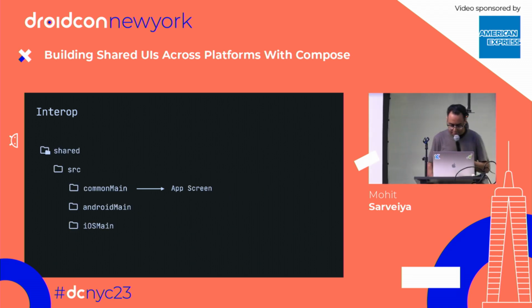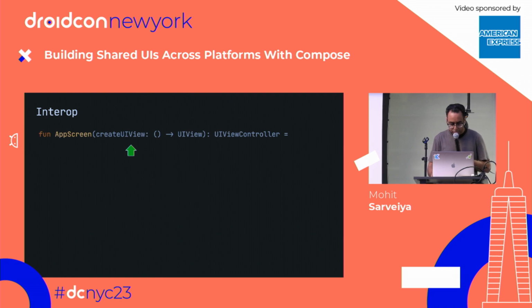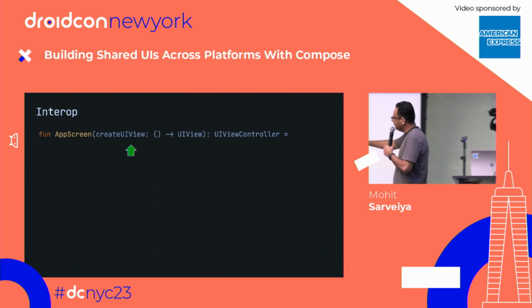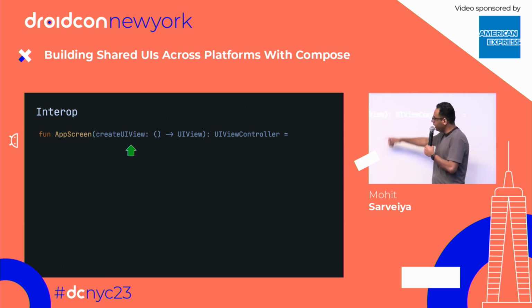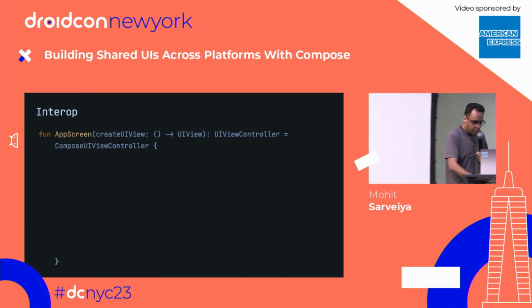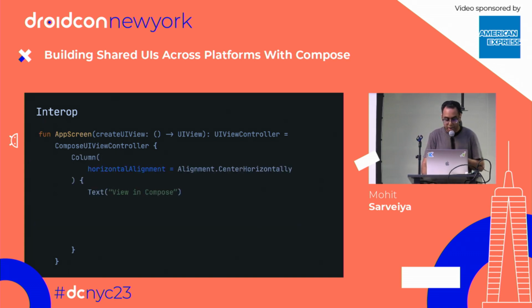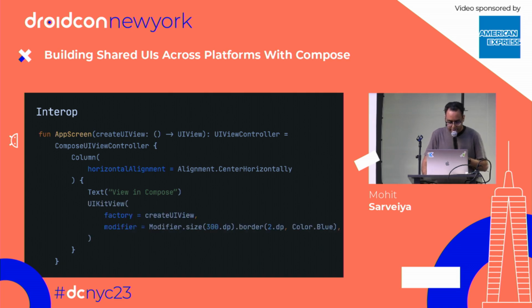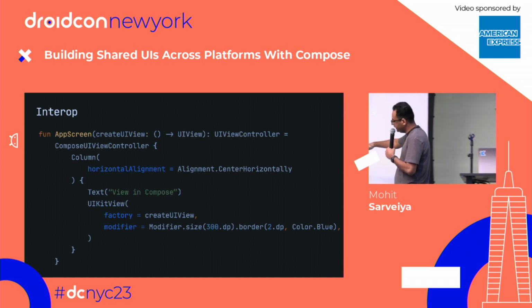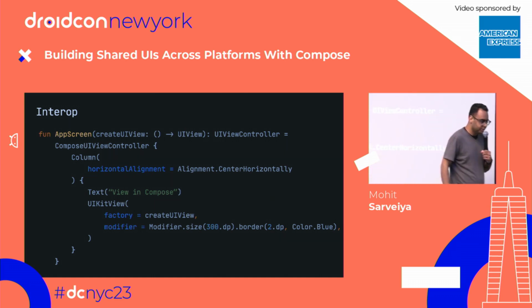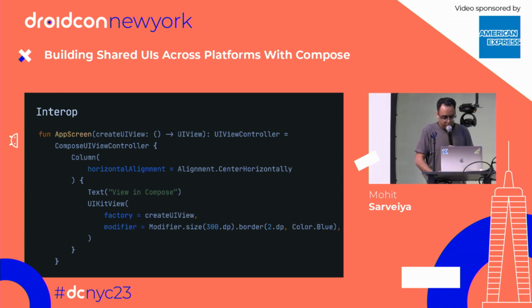I thought that was neat. Let me give you an example. Suppose you had an app screen like this, and I have a lambda right here, which returns a particular UI view, and I want to be able to show that. So I'm utilizing that utility again, ComposeUIViewController. I have my column, right? And right here I'm using this other utility called UIKitView, and I'm passing in this lambda. This thing here knows what to do. How do you show that SwiftUI view?